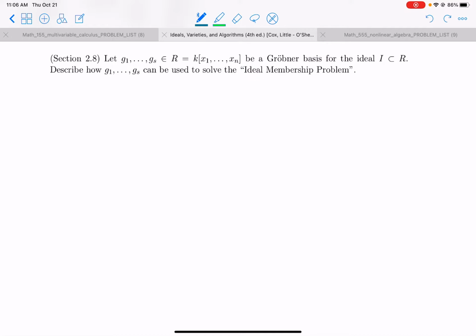Okay, so basically, I remember that the answer is to test if F is in I, that's the ideal membership problem, it is enough to use the division algorithm.